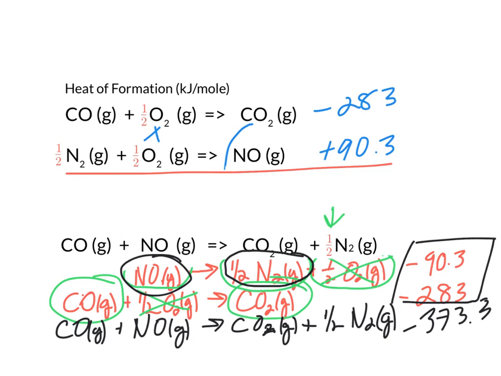So that's the amount of energy that I'm going to give off when I create carbon dioxide and 1/2 of a molecule of N2 from reacting a nitrogen monoxide and a carbon monoxide.